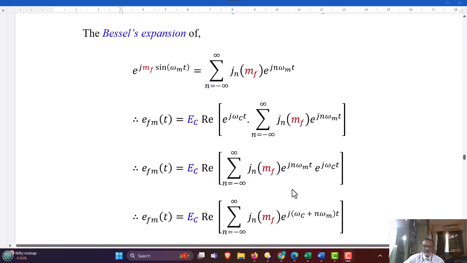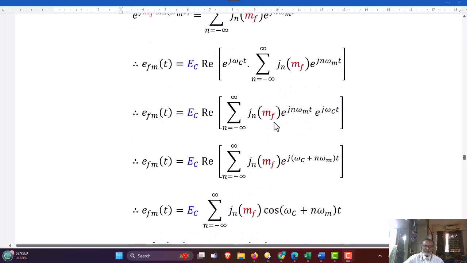Now here we will take e^(jωct) inside the summation bracket. And therefore, this e^(jωct) is taken here as e^(jωct) into e^(jnωmt), that is multiplied by the Bessel coefficient Jn(mf).